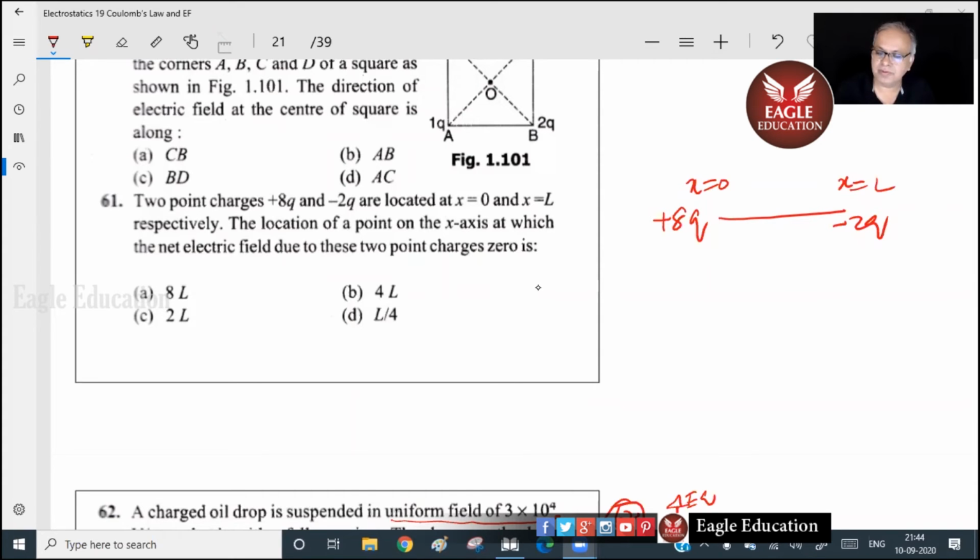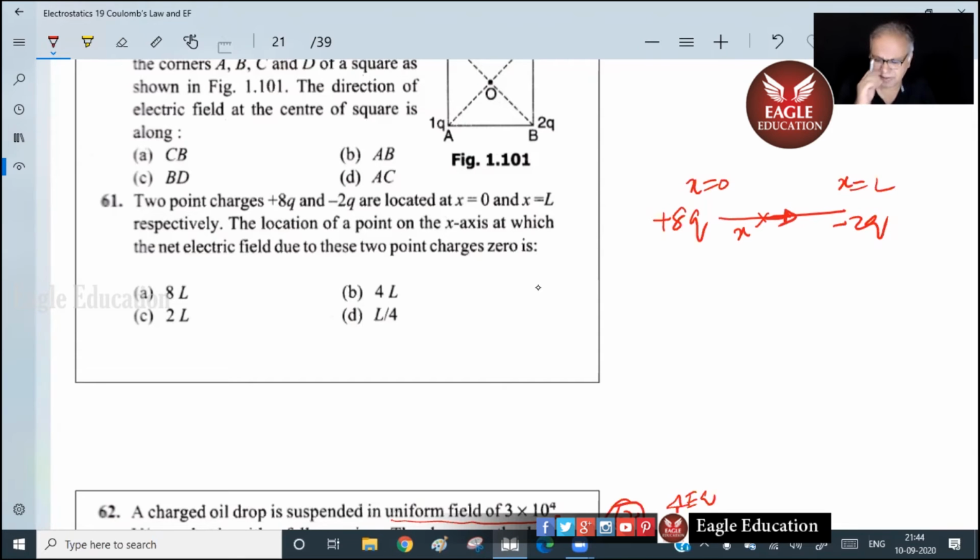What will you do? At a point x here, you think field strength is 0. Field of this is this way. One thing is very sure, it's not going to be in the middle. Believe me. Because this plus, this minus, in the middle field strength will be in the same direction. So it should be away actually. Sir, both are not same charges, no, sir.